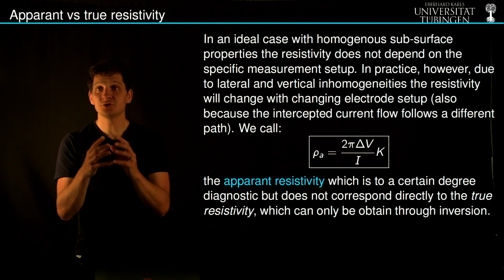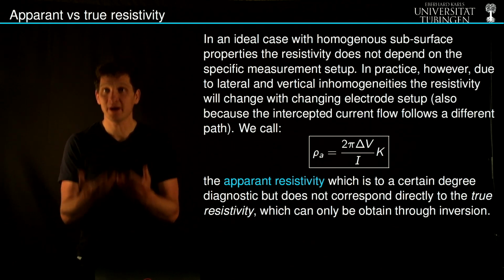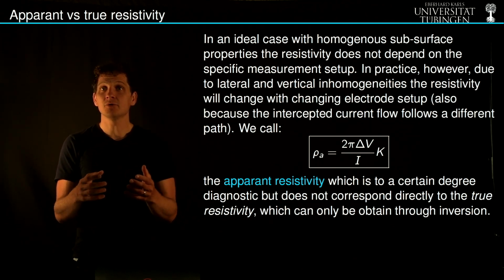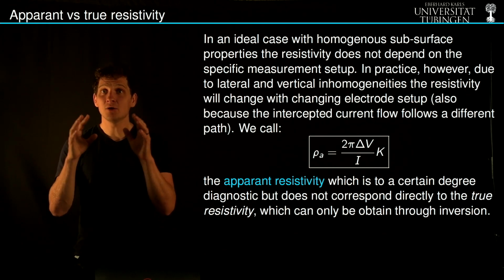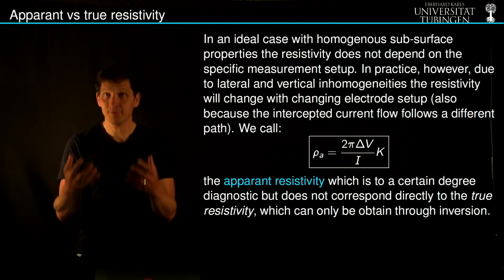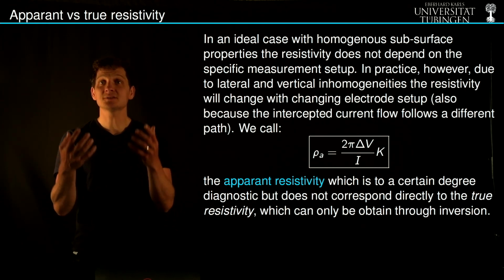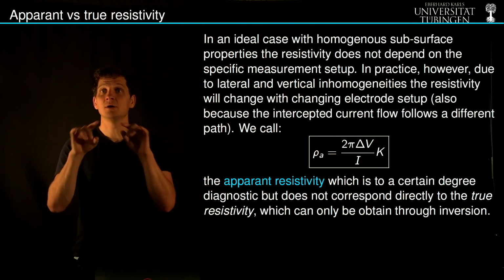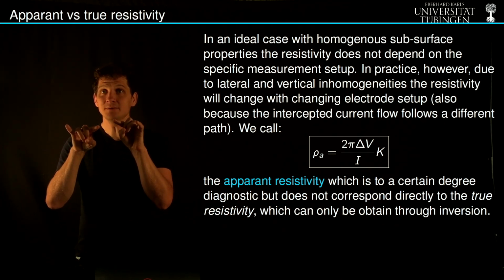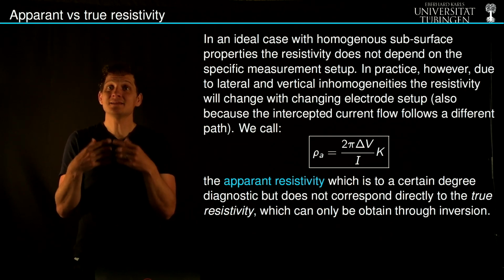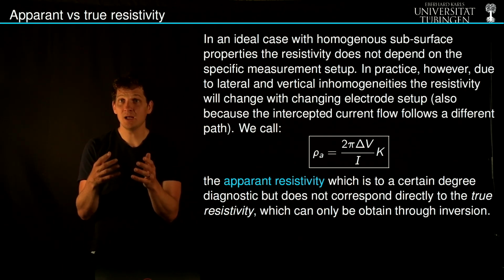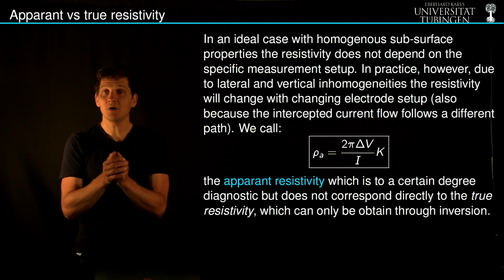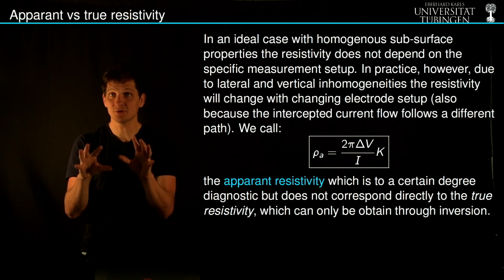And this introduces the concept of the apparent resistivity. So in an inhomogeneous subsurface, we can only measure apparent resistivities, and those are a function of our array geometry. Okay? And this apparent resistivity is to a certain degree diagnostic of the true resistivity in the subsurface. Yeah?